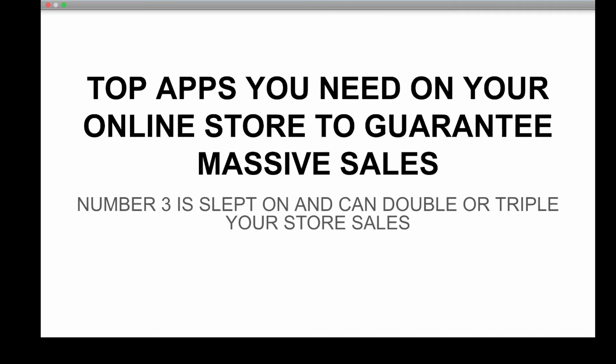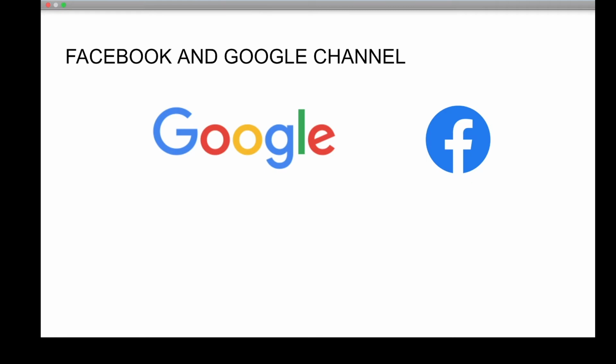So the first thing you need to have is the Google and Facebook. First thing you need to have on your store is the Facebook and the Google channel, right? And this is as easy as going into your Shopify dashboard and then you type in the names Facebook channel or Google. And what this helps you do is, as long as you're logged into your Facebook, you're able to log into your business manager and then you select the exact ad accounts you're going to be using to promote your products through Shopify.